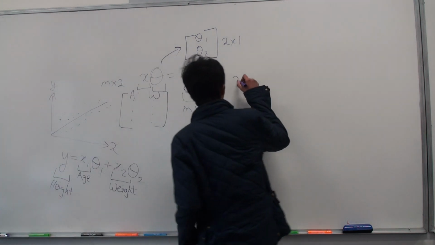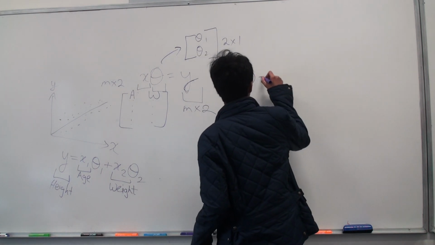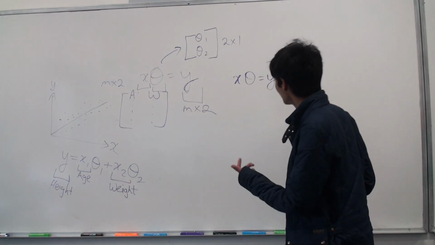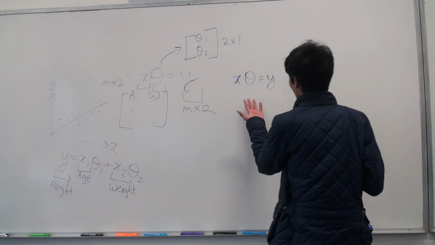So if we have X theta equals y, we can't just divide both sides by X because they're matrices.